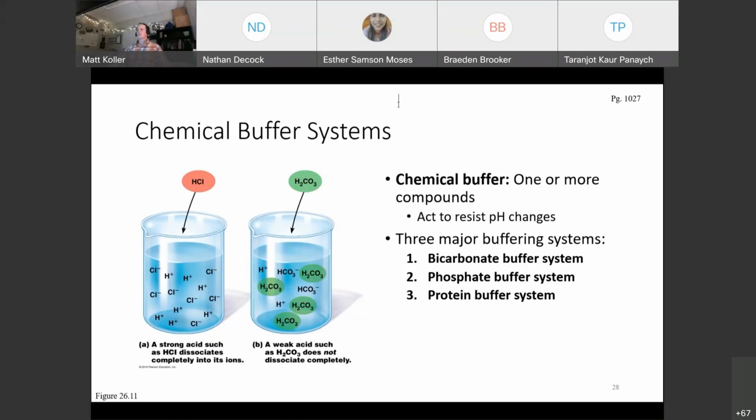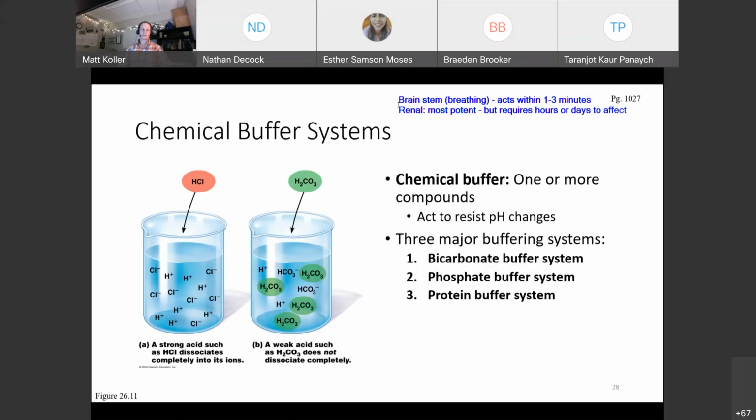So the brain stem will act within 1 to 3 minutes, and renal is most potent, most powerful, but requires hours or days to take effect.